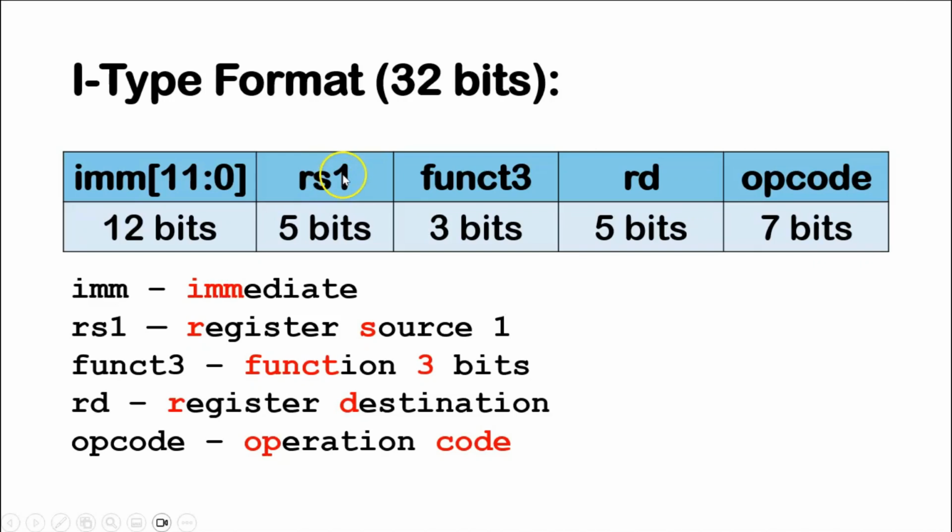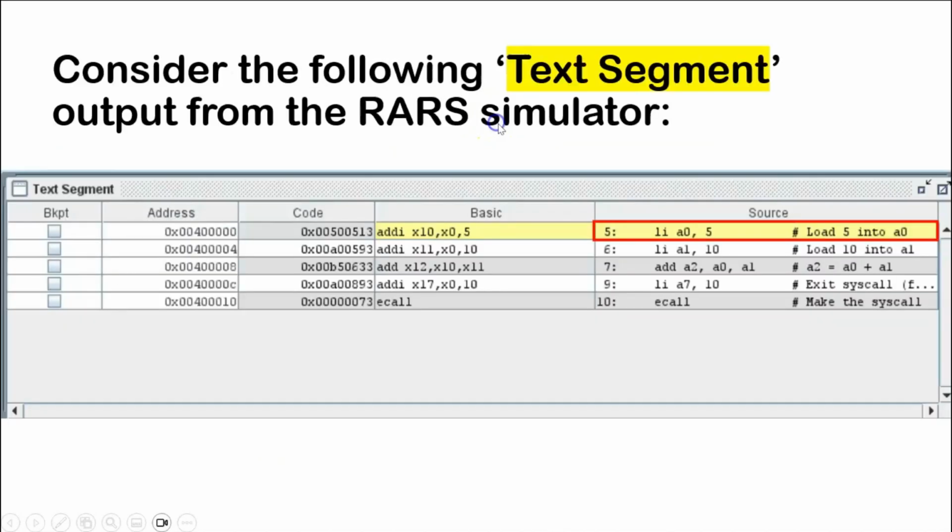All right, RS1, 5 bits allocated, that is register source 1. And then here, this func3, that's 3 bits. Okay, RD, register destination. All right, and then finally, opcode, 7 bits allocated. That is the operation code.